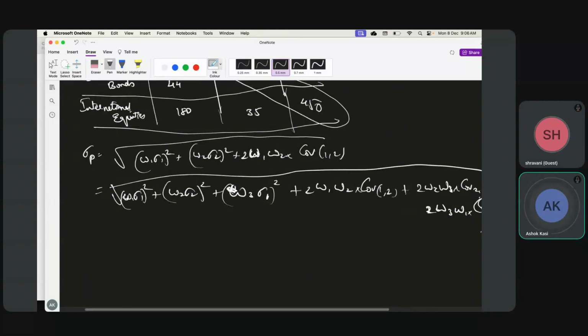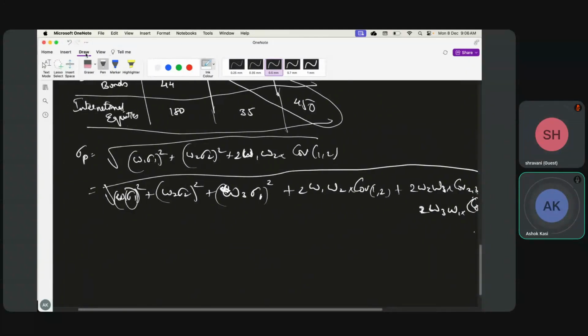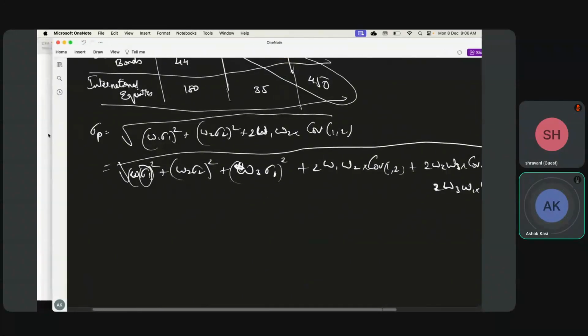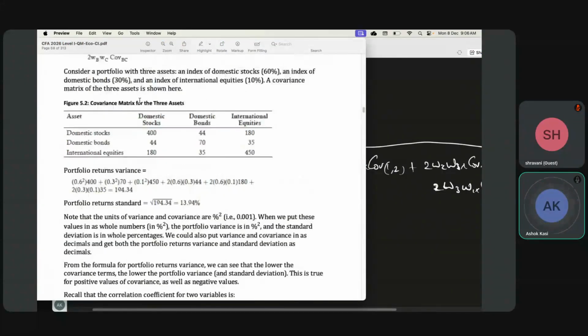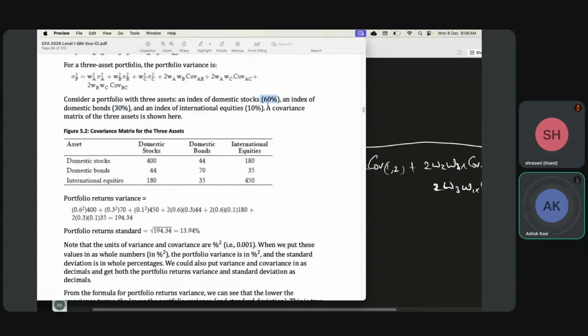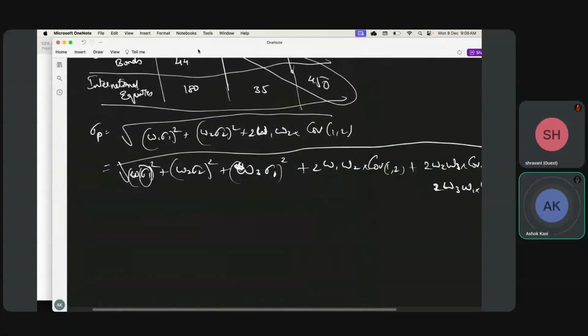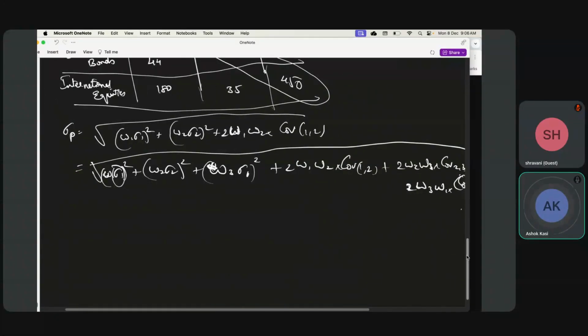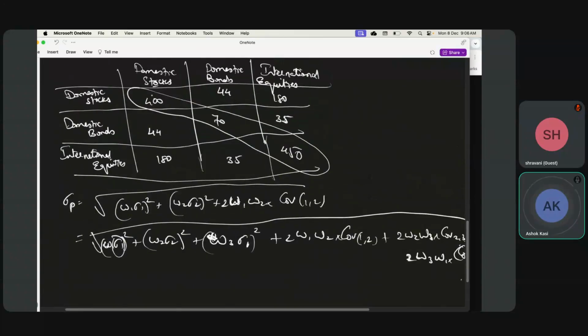Okay. So here, the weights are given in the question itself: 30, 60 and 10. And from the standard deviation point of view, covariance with itself gives you variance.